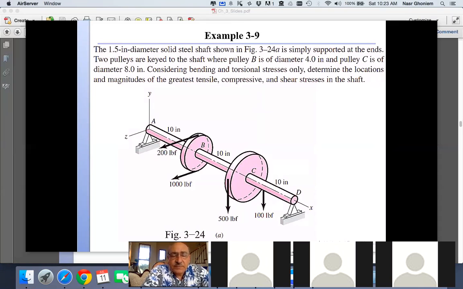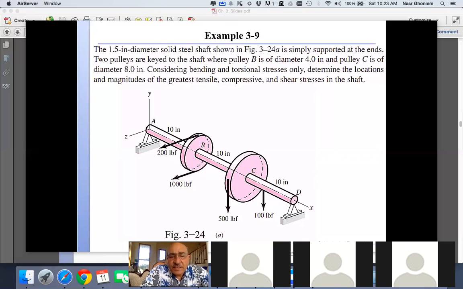So here, if you have a shaft rotating at constant RPM, meaning constant speed, not accelerating, then the net torque on that shaft should be 0, right?